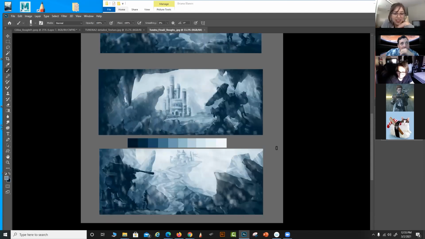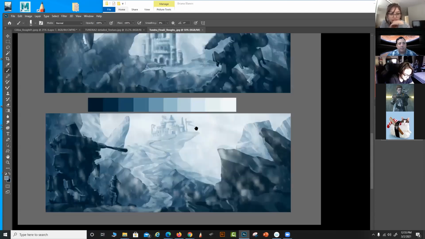Yeah, good. I think the reason why I like that the most is the castle is in a good position. Now, the castle is a little bit in the middle there. What you could do is, hold on a minute, let me see if I can pull this off. Grab that color, put that on the base here.